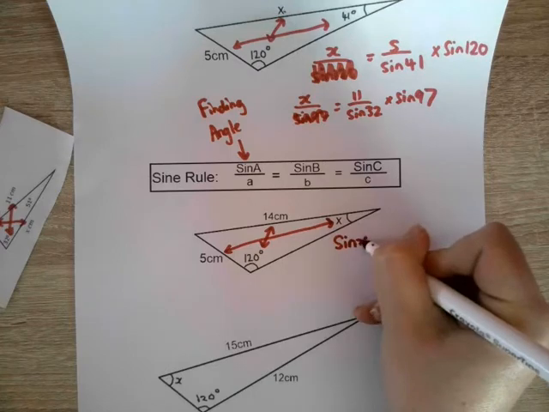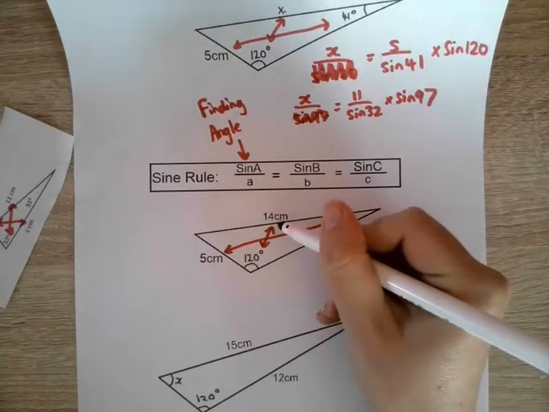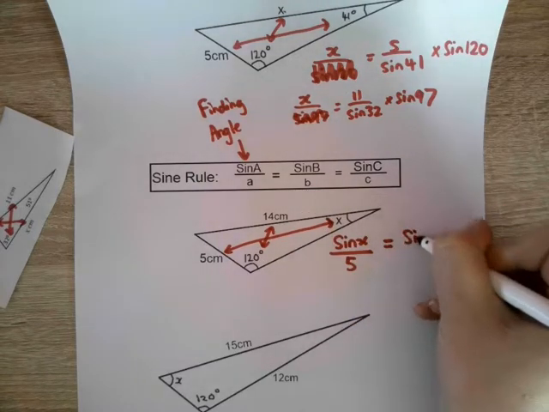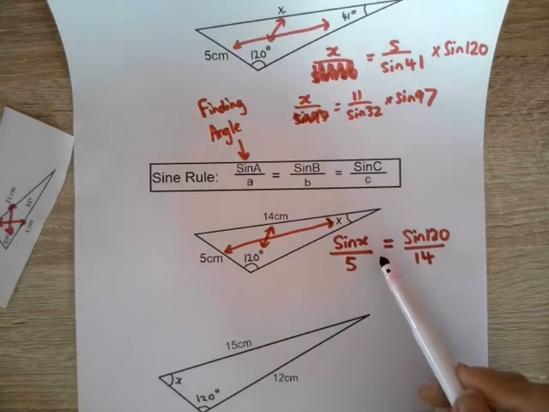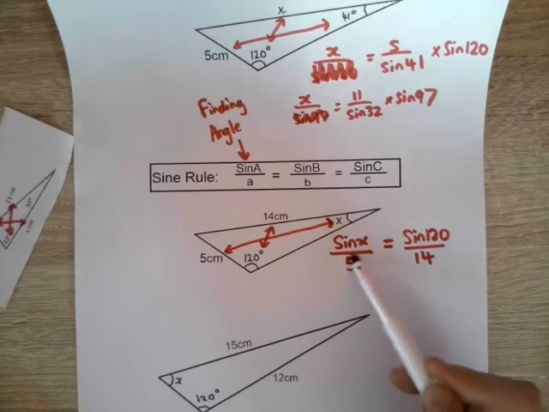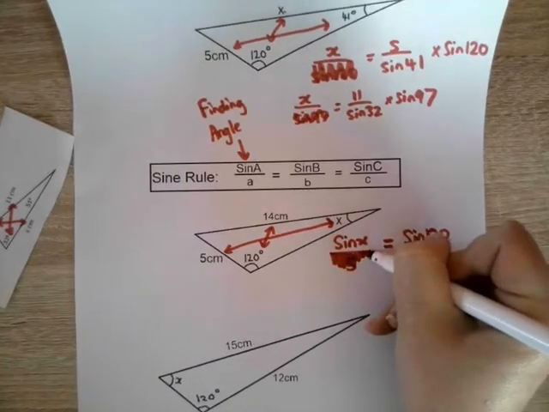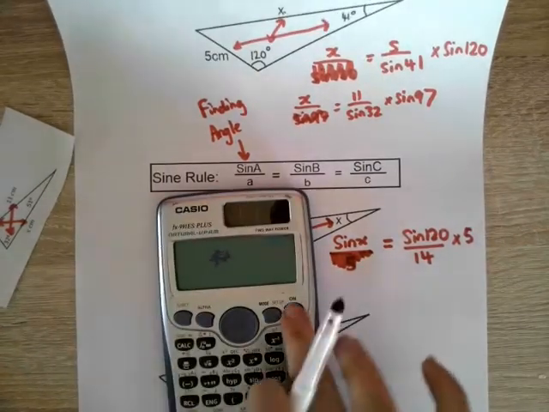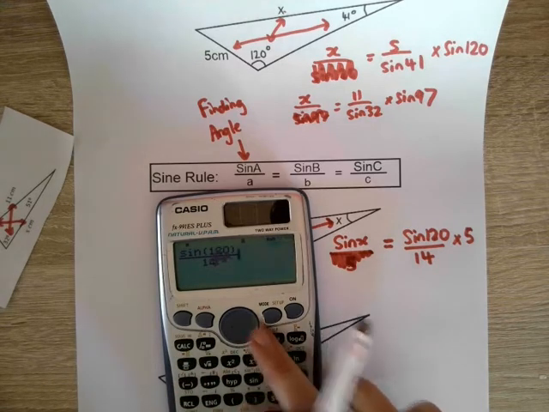So sine x over 5 equals, rather than 14 over sine 120, sine 120 over 14. It's very similar to finding a side. To get rid of this bit, we're going to have to times by 5. If we times by 5, that gets rid of it on this side. So if we work this out, sine 120 over 14, and then times that by 5.